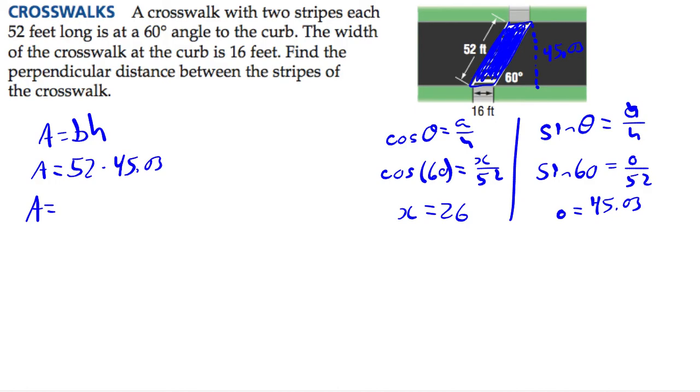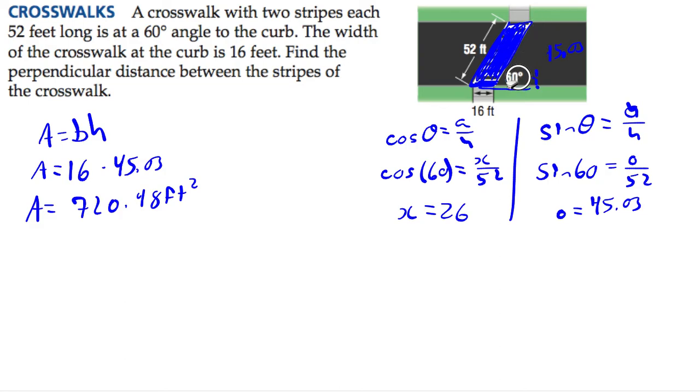Oh, sorry, confusing myself, 16. This is the base, right? And this is the height because they're perpendicular. This is just a very tiny parallelogram there. So 16 times 45.03 is 720.48 feet squared. That is the area of this parallelogram.